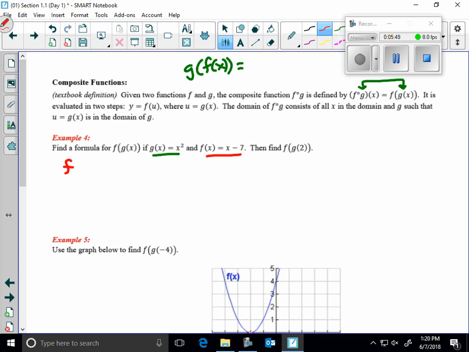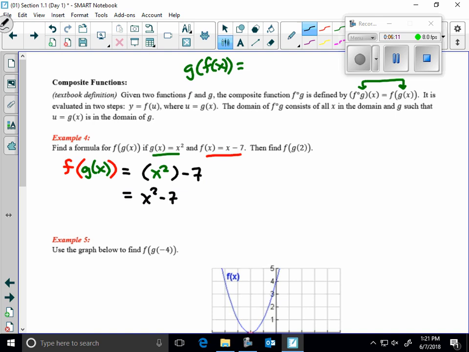So f of g of x. Let's figure out what that would be equal to. Let's take the shell of f, right? I have x minus 7. And into that, I'm going to plug g of x. This isn't groundbreaking on this question here because it's just going to be a simplification.